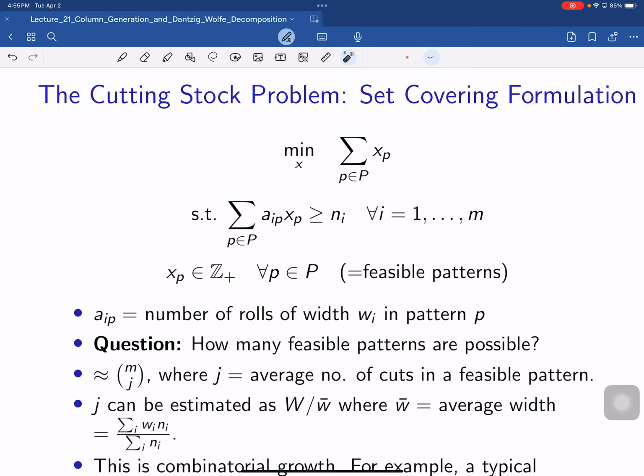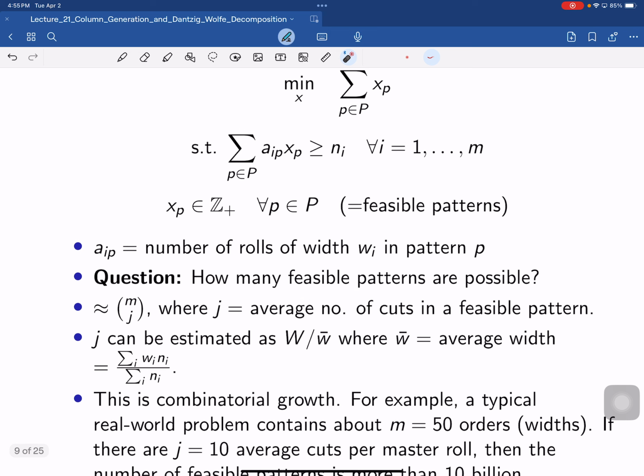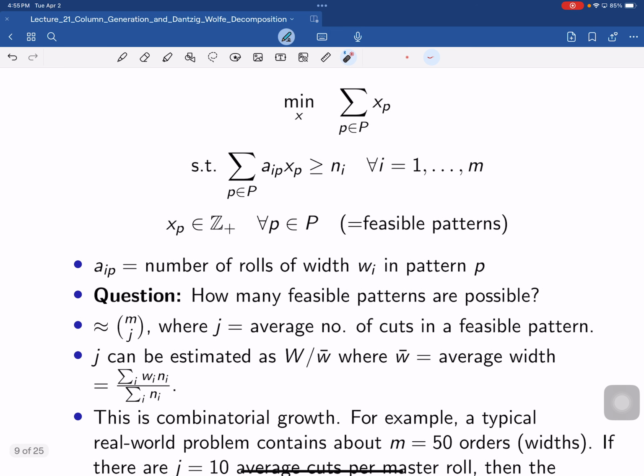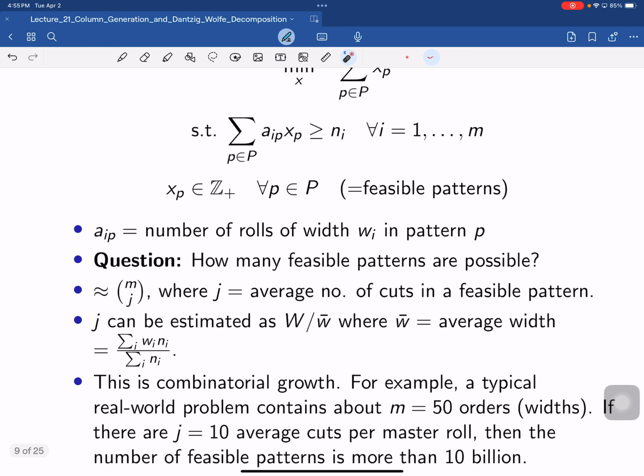But then you have to choose from all the possible widths, which is m different widths. You have to pick J out of the m. So it has a combinatorial growth, right? And then of course, you can estimate J just by taking the weighted average and so forth.